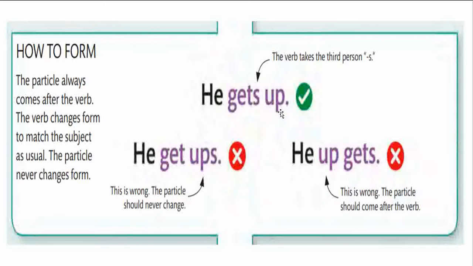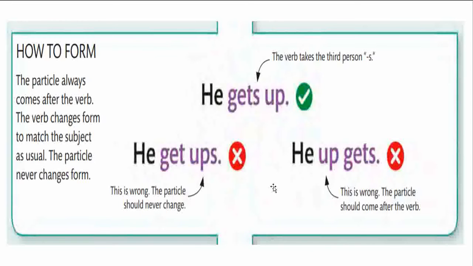It remains as such. So one pointer is that the verb changes its forms according to the subject in the sentence. He gets up. Gets has got an extra s. This construction is correct. He get ups. This is completely wrong. The particle will not take an s. It will not take any additional part in it.